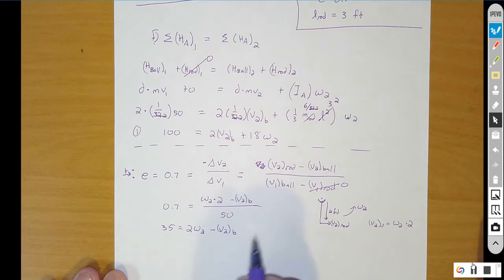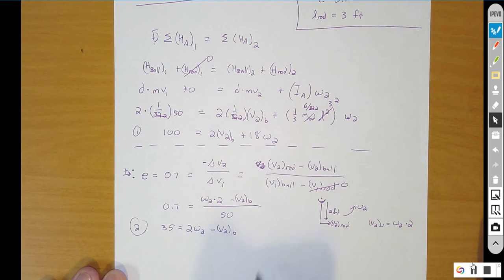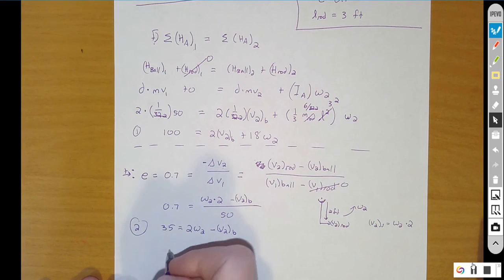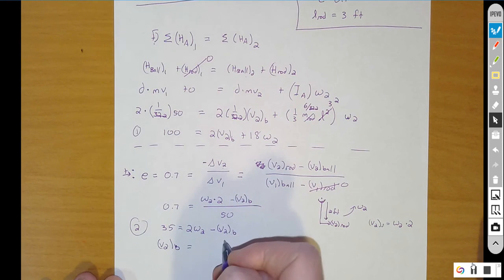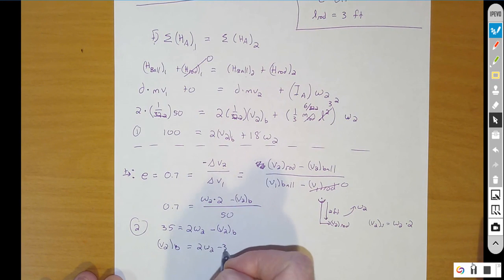I only need to find omega 2. I do not need to find V2B. So what I'm going to do is solve one of these two equations for V2B and sub it into the other. I'll just do this one because it's already here. So V2B down here will be 2 omega 2 minus 35. We'll add it there, we'll subtract it there. Basically, we'll just flip-flop these two pieces.